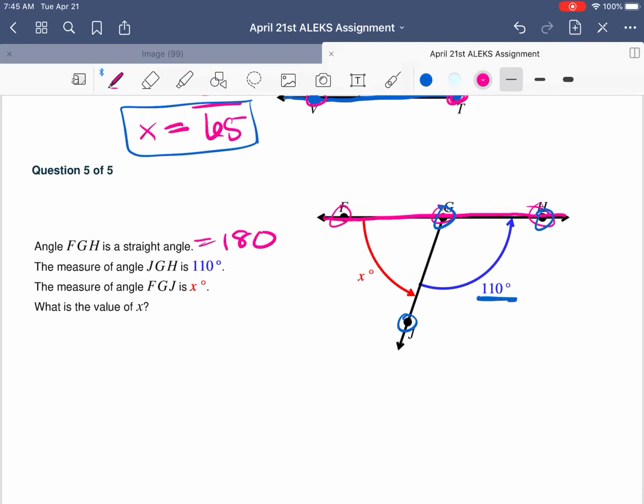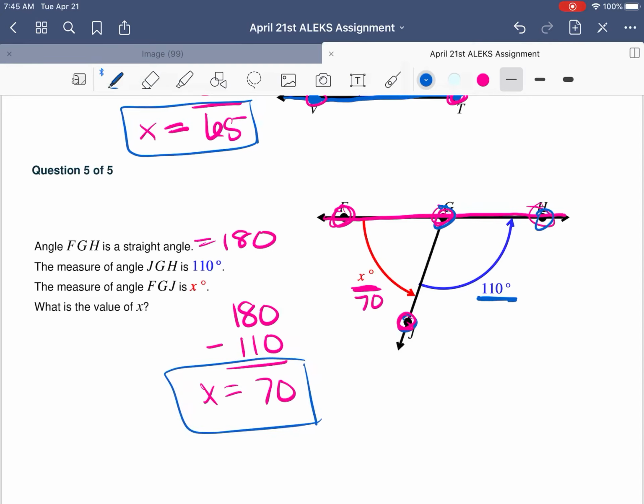And the measure of the angle F, G, and J, this one, is X. So again, we just need to take the 180, subtract what we already know, which is the 110, and what's left is 70. So X equals 70. And that is how you do number 5.